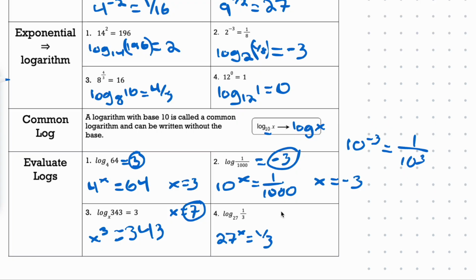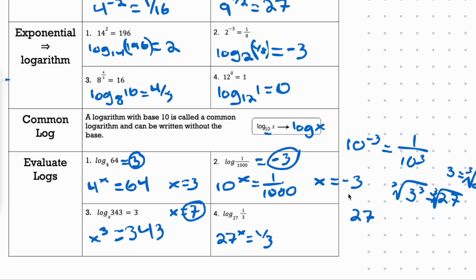Well, I think when we think about it, we have 3 cubed equals 27. So if we take the cube root of both sides, this is kind of messy, we'll eventually get 3 equals the cube root of 27.